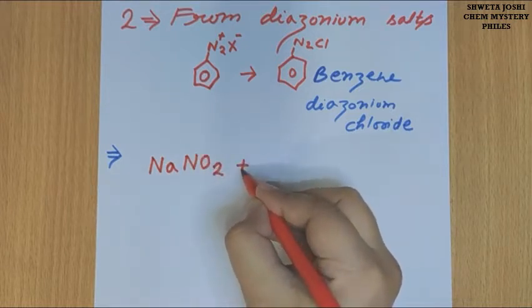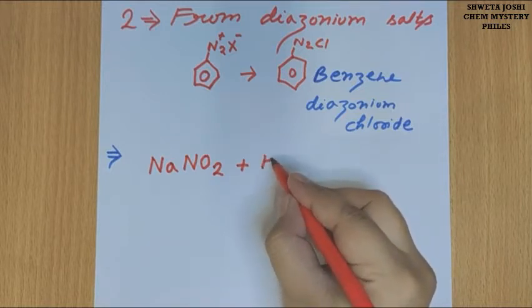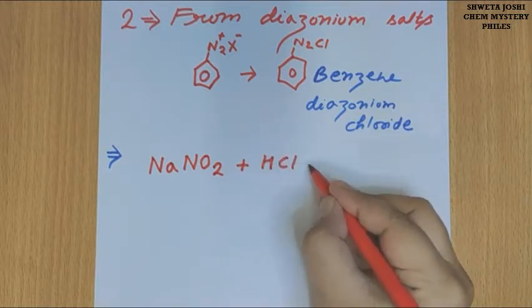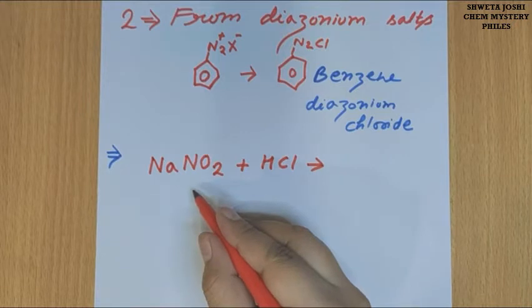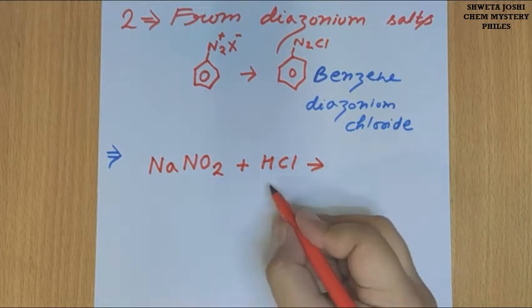For the preparation of HNO2, we have to take sodium nitrite, NaNO2, and react that with HCl.